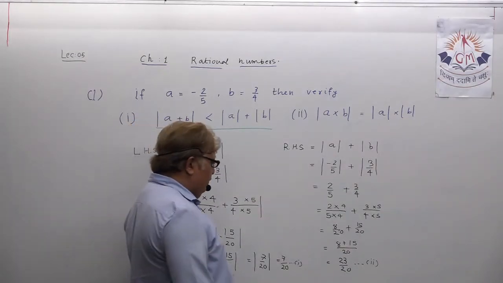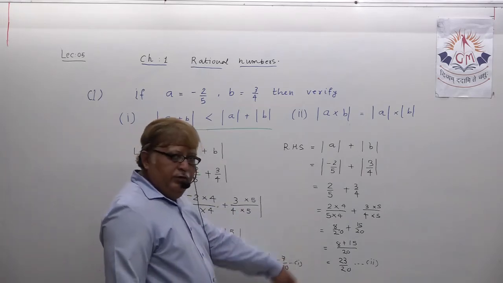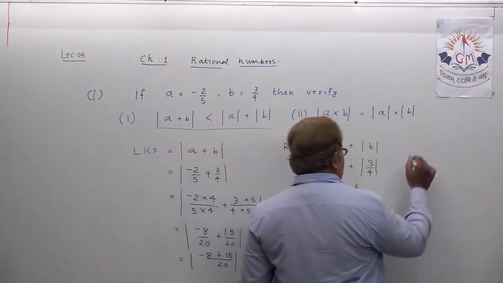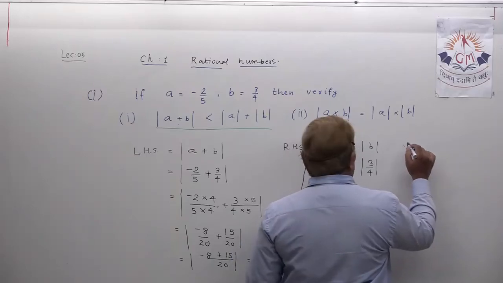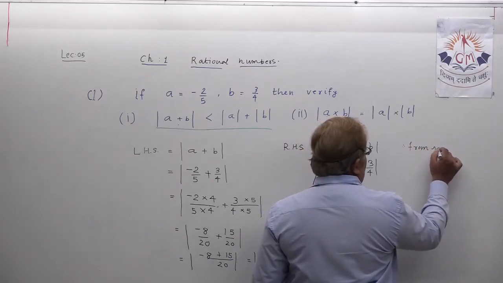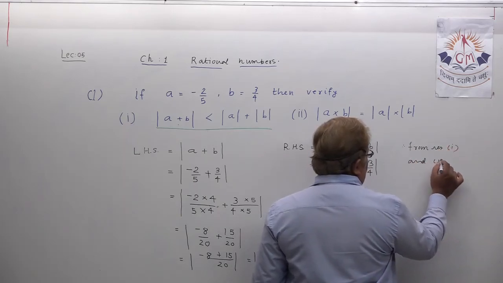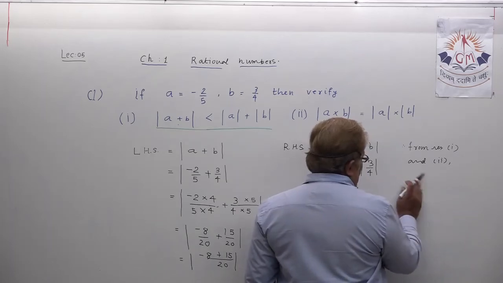So at last, what will you write? You can continue the sum in your book down below. Understand? I have to write here. Therefore, from results 1 and 2, this is the way you have to write.